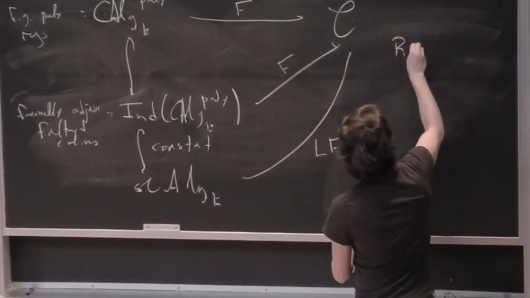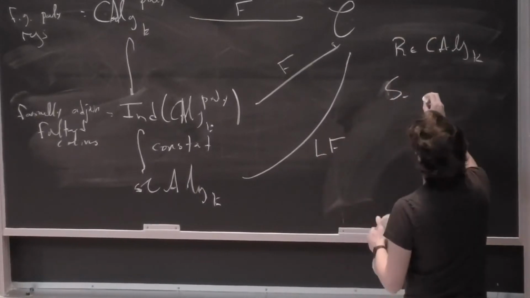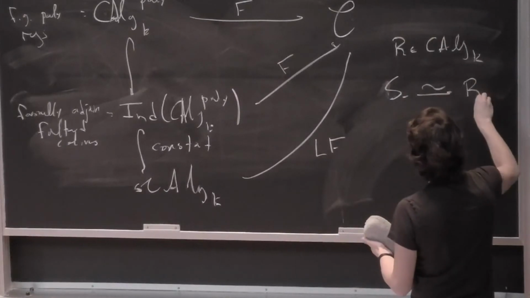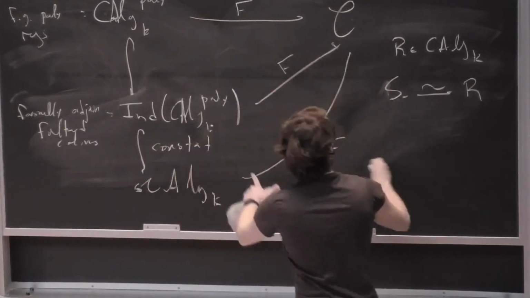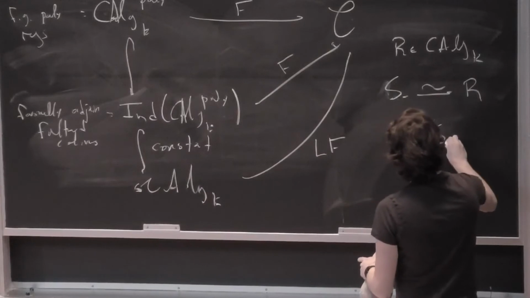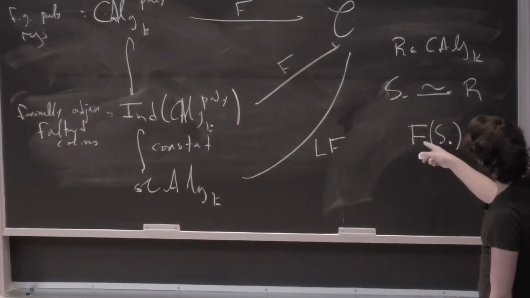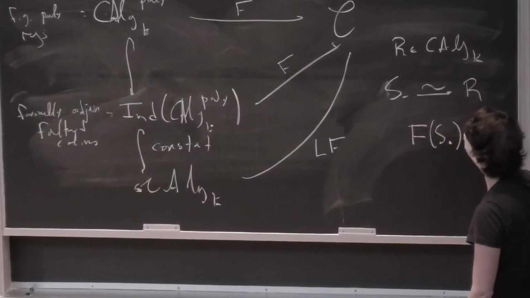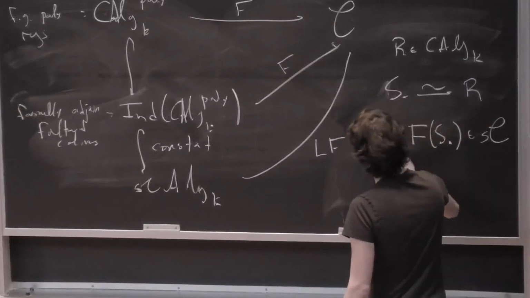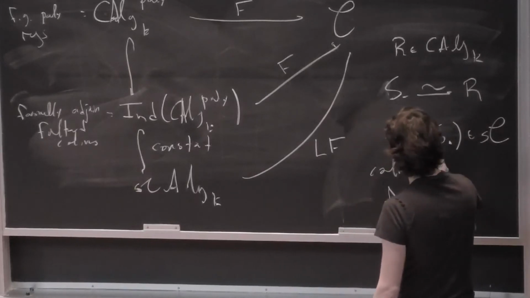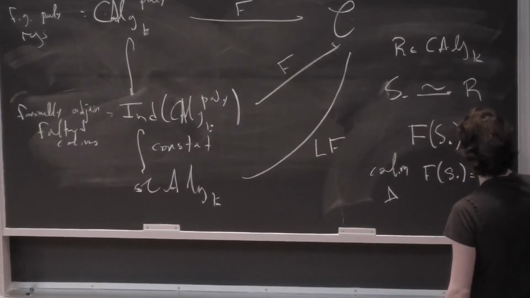So now let's take R inside calg K, and I'm going to look at its canonical simplicial resolution. Now, each of these is an infinite dimensional polynomial ring. So I can apply F levelwise to S dot. And that gives me a simplicial object in C. And now I can take the colimit over delta, which is also written as the geometric realization of that.